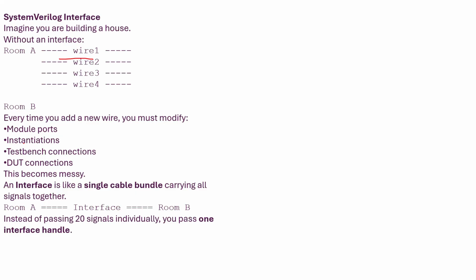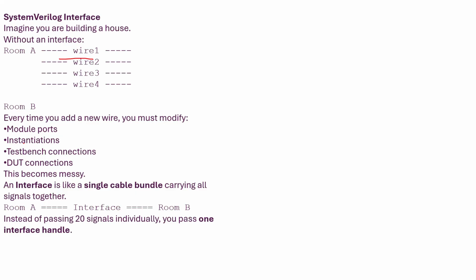You use the interface name, and in the interface many things you can connect. Like input output ports, modports, clocking blocks, and assertions. All these things we can write in our interface.